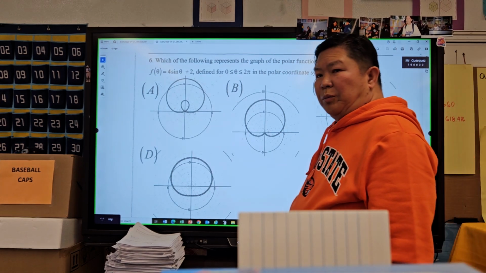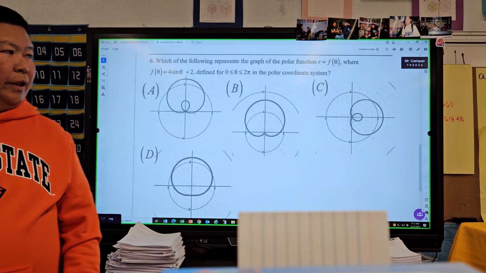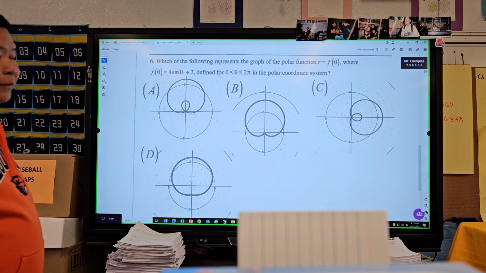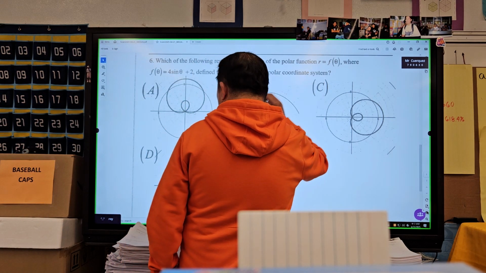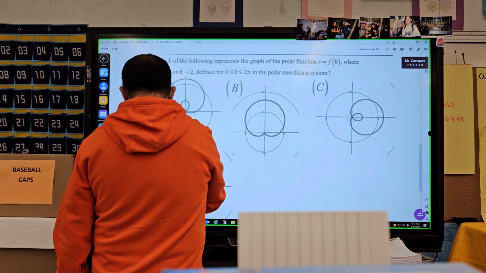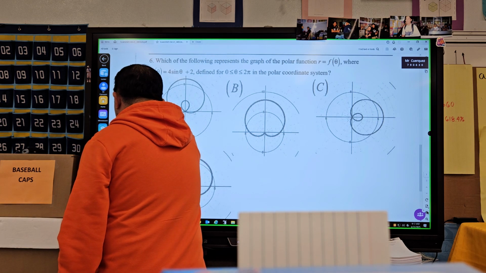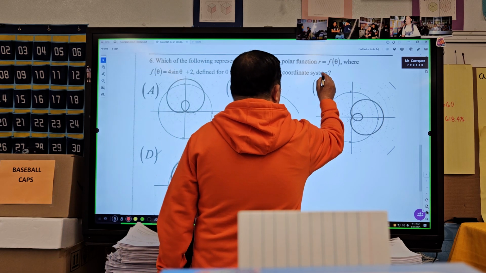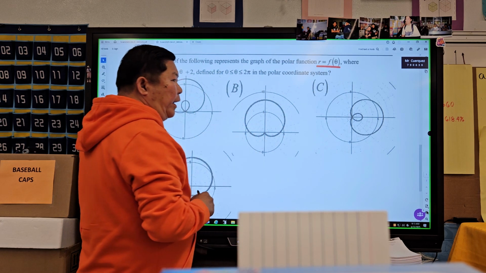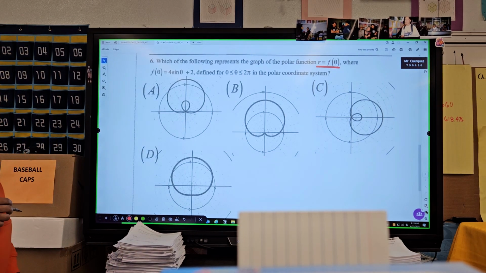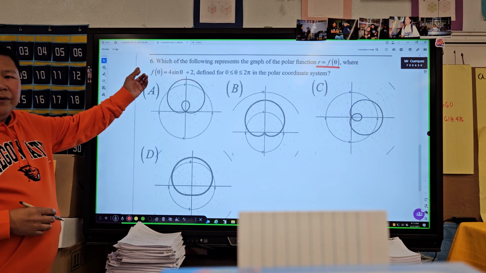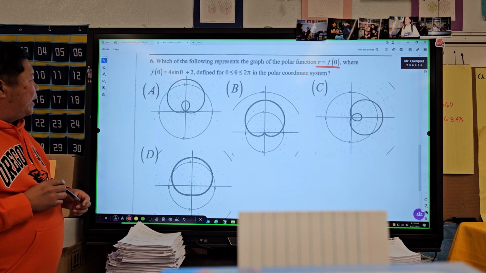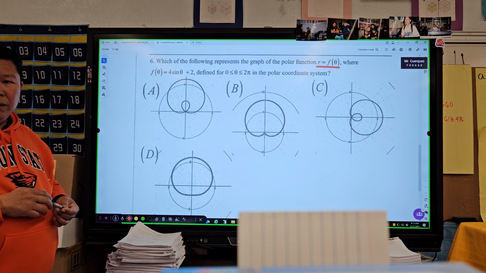Okay, let's have number 6. It says, which of the following represents the graph of the function r is equal to f of theta, where the given function f of theta is equal to 4 sine theta plus 2.